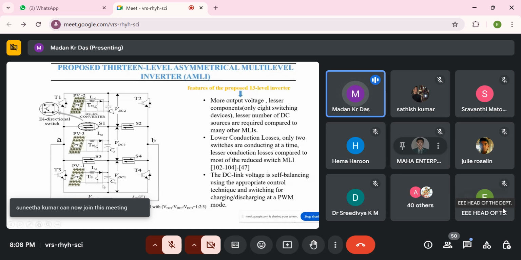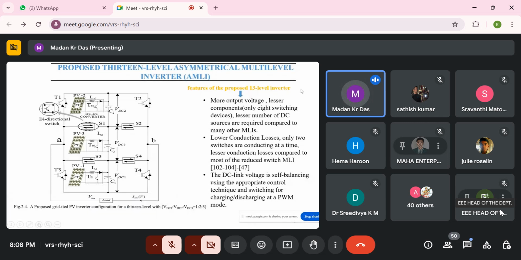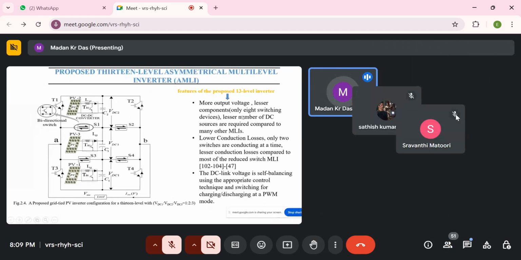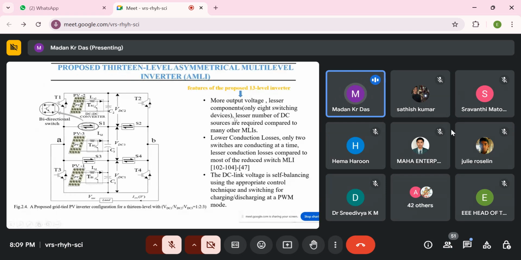So its output will be 13 levels of voltage. These are the features of the proposed inverter: more output voltage levels with 8 stressed components, fewer DC sources required, and lower conduction losses. These are the advantages of the inverter.